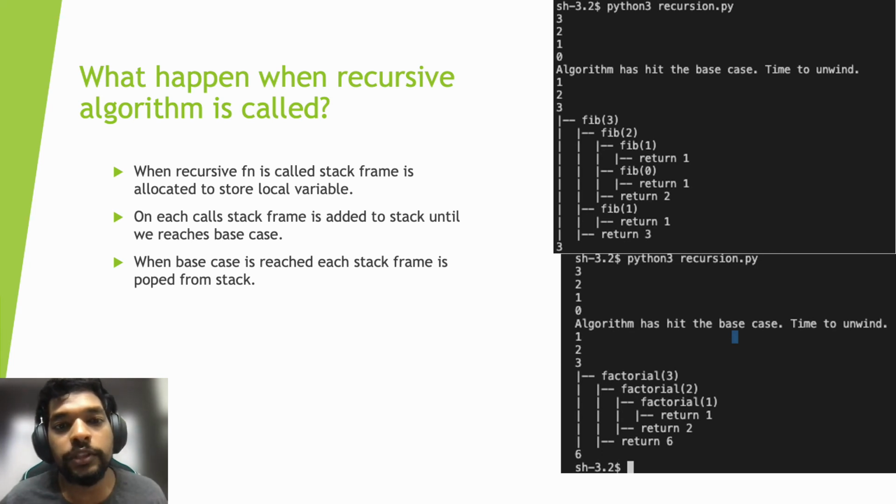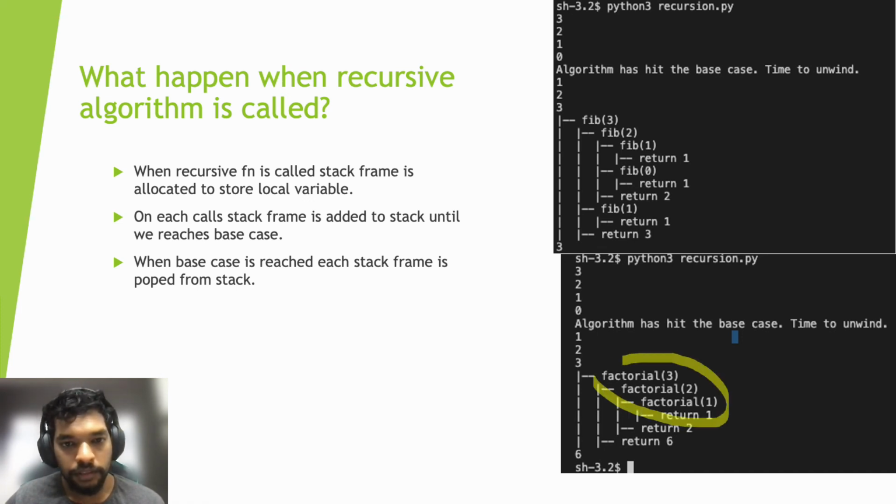For example, if you check the factorial, if you check factorial of 3, it calls factorial of 2, and it in turn calls factorial of 1. That's shown here, and factorial 1 returns 1, factorial 2 returns 2 times 1, which is 2, then factorial of 3 is 3 times factorial of 2, that's 6.